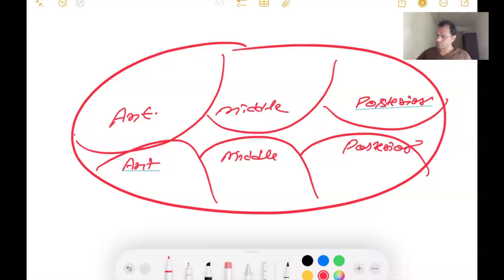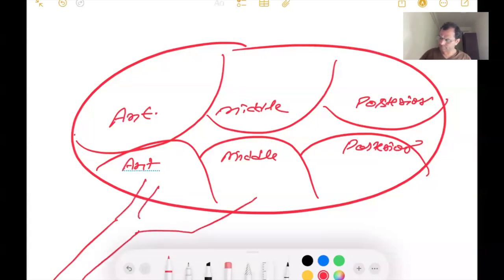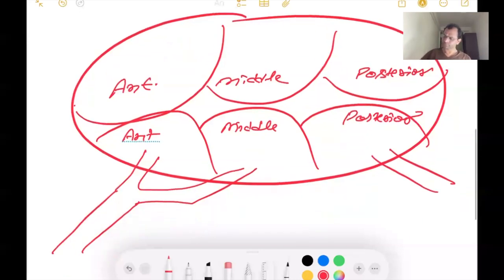So one pipeline is supplying these 2 parts, and one pipeline is supplying this part. This is called the internal carotid artery.